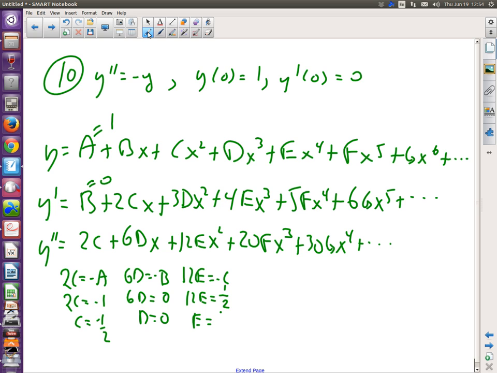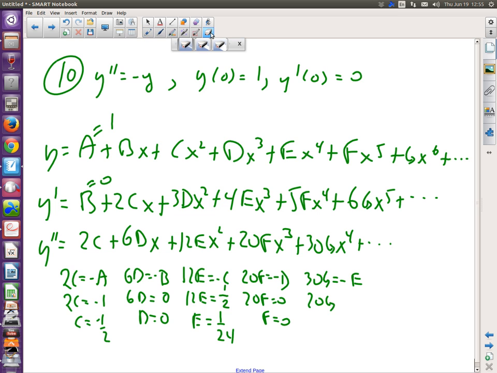So e is 1/24. Alrighty. 20f is the opposite of d, and d is 0, so f is 0. And last but not least, 30g is the opposite of e, but e is 1/24, so the opposite of 1/24, and so g is going to be negative 1 over 720.